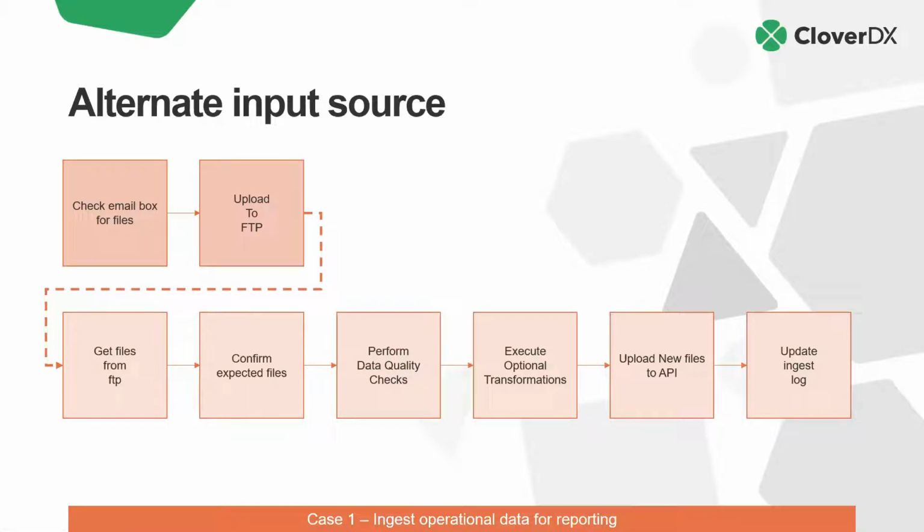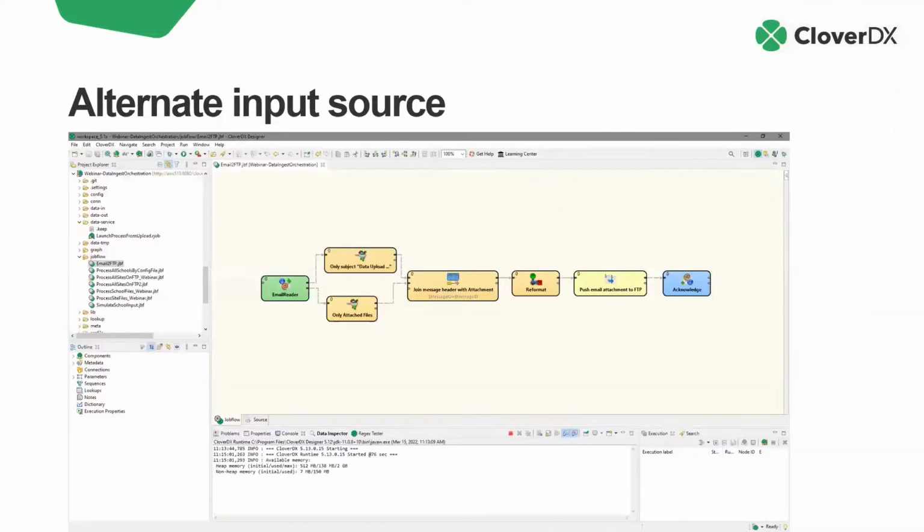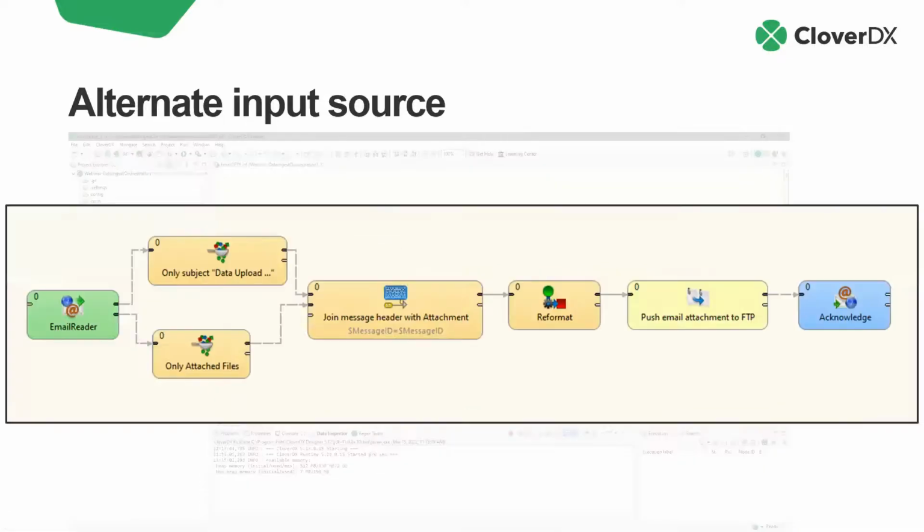Well, our CloverDX platform can handle that as well, right? Here's another screenshot of our design environment, only now I'm designing a different pipeline. This is a segment of the pre-processing stage. Again, let me jump into the part that's interesting. We have a component that will read email and look for an email that has a particular subject and also has attached files.